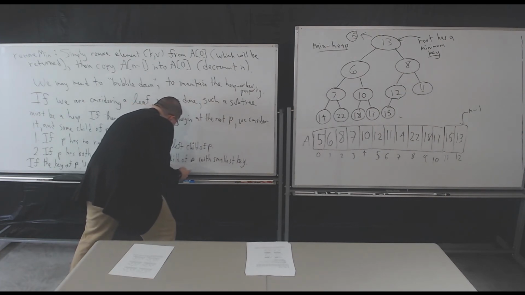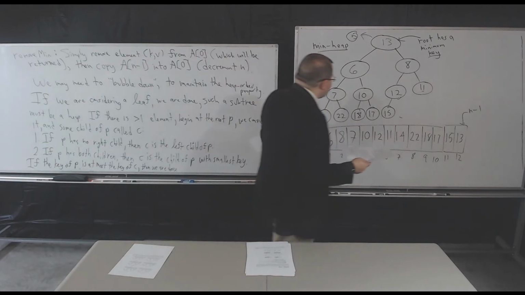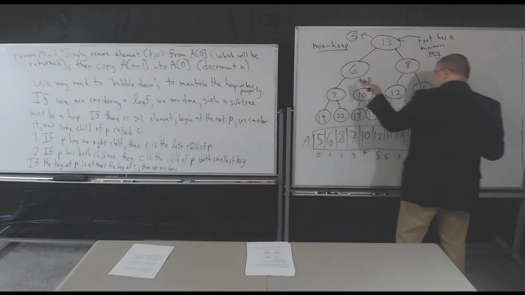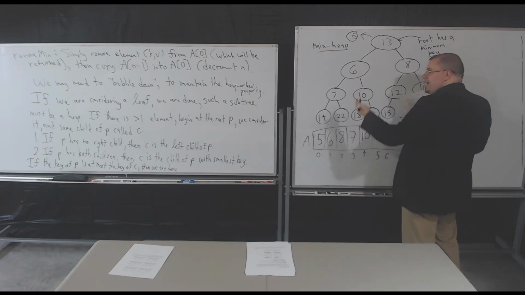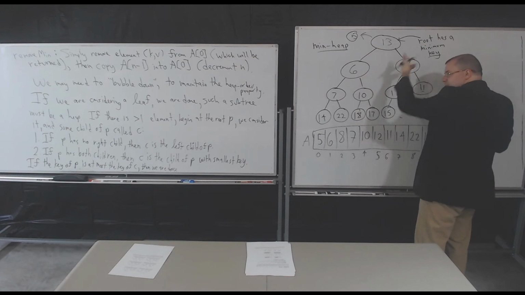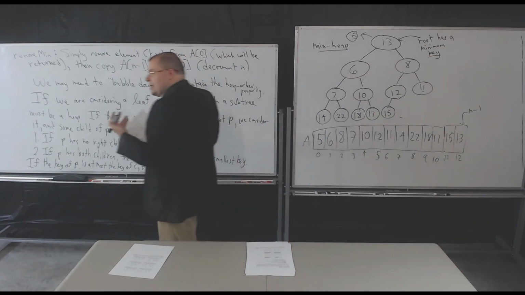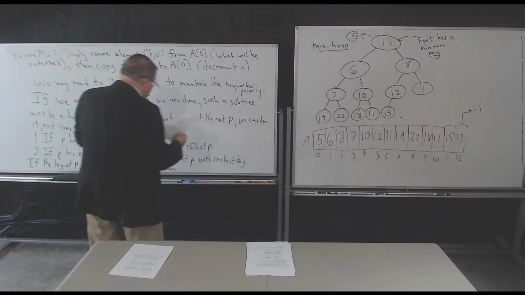Because remember, I compared it against both my children, and both my children were bigger by definition. If I consider the smaller of these two, or just the only one I have, and it is bigger than or equal to my key's value, then I would be done, right? Because the heap order property must be in play.